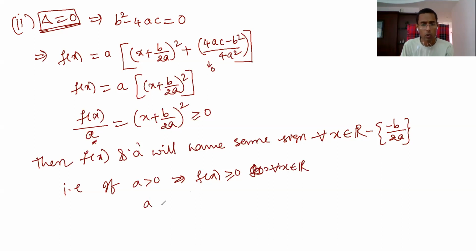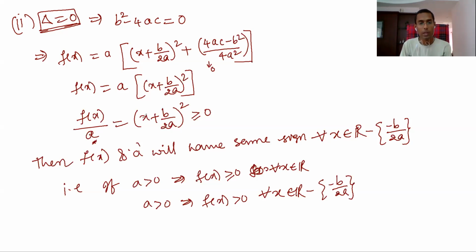Or, if a is greater than 0, you can write that f of x is positive for all x belongs to R except one value at minus b by 2a. At minus b by 2a, it is equal to 0. For all remaining values, whatever value you take except minus b by 2a, it is only positive because the square is there. So this is the conclusion.